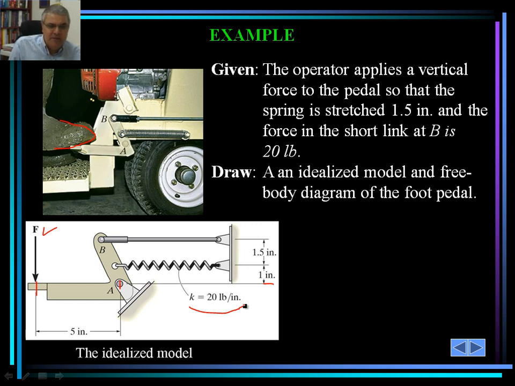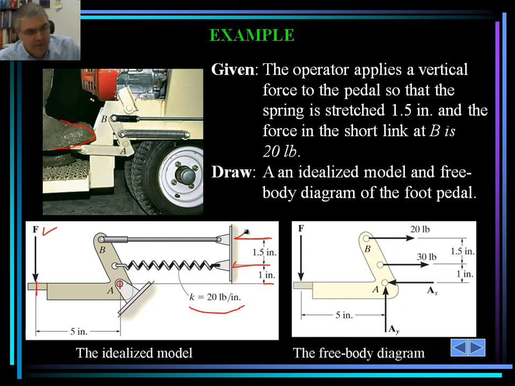So just looking at this model, there would be reactions here, and there would be reactions here, right? Would it or would it not? Let's check. Here we go. At points A and B, there would be A sub x, the x component of A. As you can see, there will be no moment about point A. The 30-pound force developed here would eventually translate into the reaction at that point.